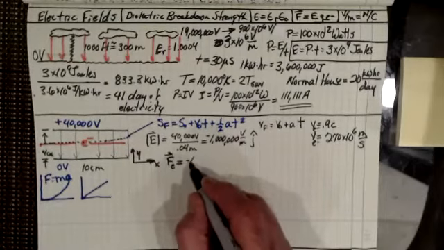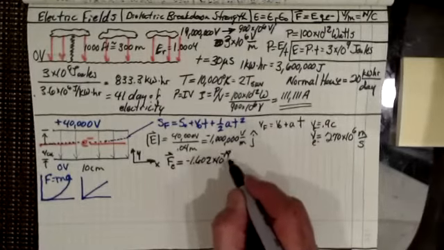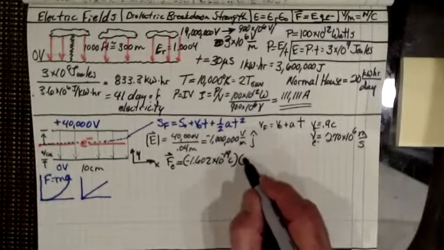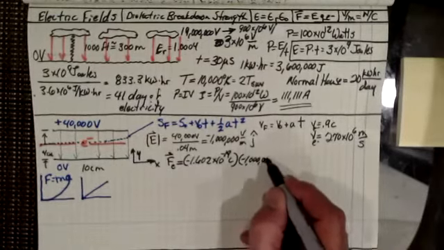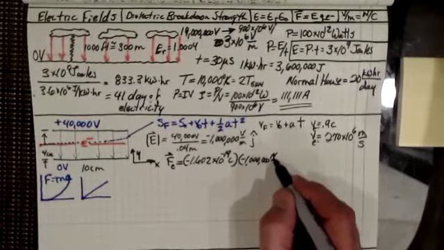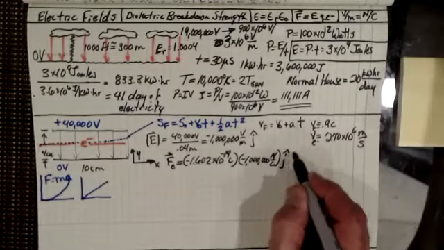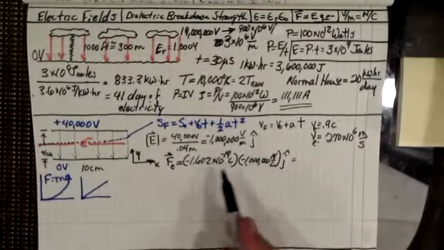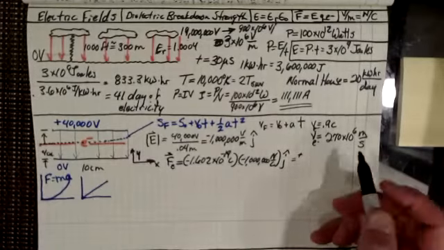So minus 1.602 times 10 to the minus 19 coulombs times minus 1 million newtons per coulomb in the j direction. And what does that give us now? I got a minus and a minus, so we know that our answer is going to be positive, isn't it?